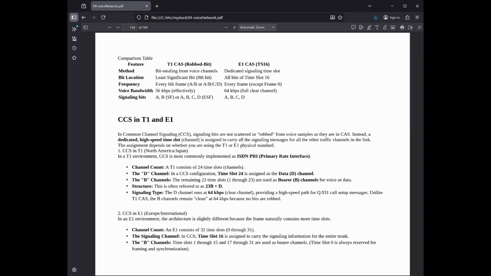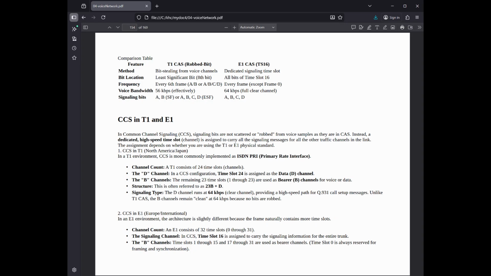CCS in T1, North America/Japan. In a T1 environment, CCS is most commonly implemented as ISDN PRI, primary rate interface. Channel count: a T1 consists of 24 time slots, channels. The D channel: in a CCS configuration, time slot 24 is assigned as the data, D, channel.